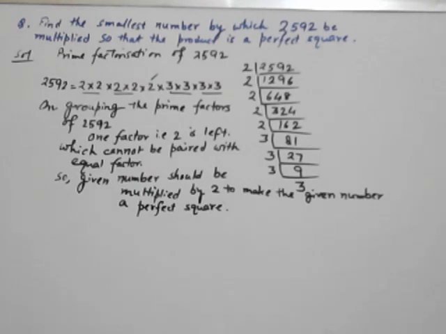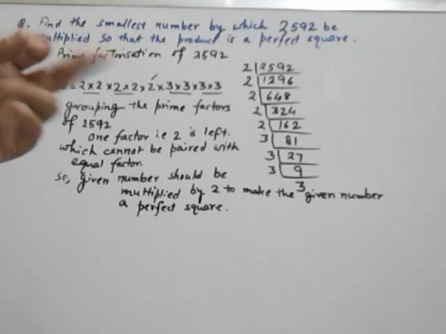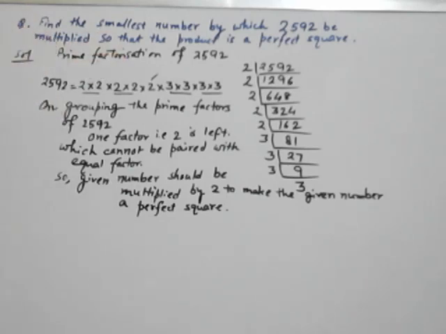If you multiply by 2, the number is 2592 into 2.